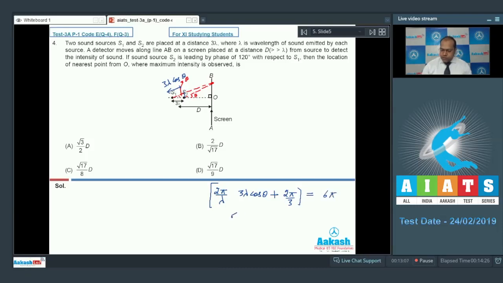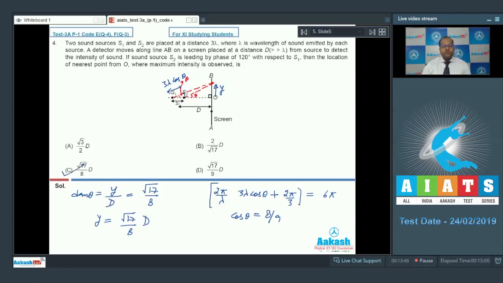On solving this equation, the value of cos theta comes out to be 8 by 9. Now suppose this distance is y, then tan theta is equal to y by capital D, and tan theta can be written as under root 17 by 8. So the value of y comes out to be under root 17 by 8 into D. So option C is the correct answer.